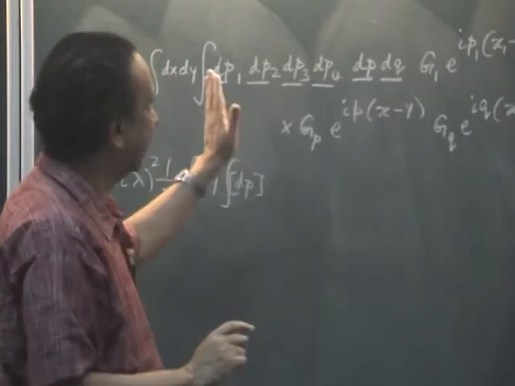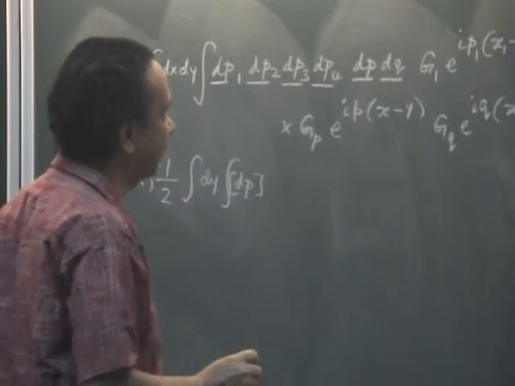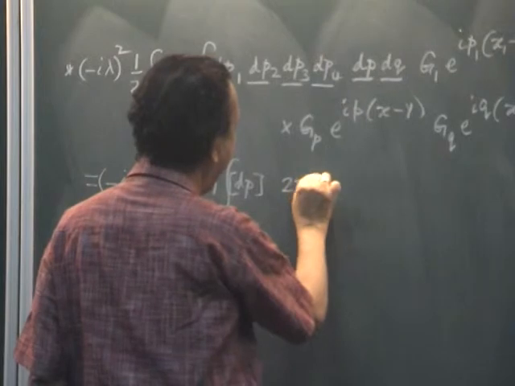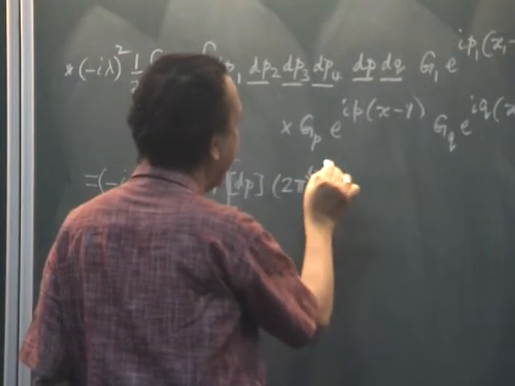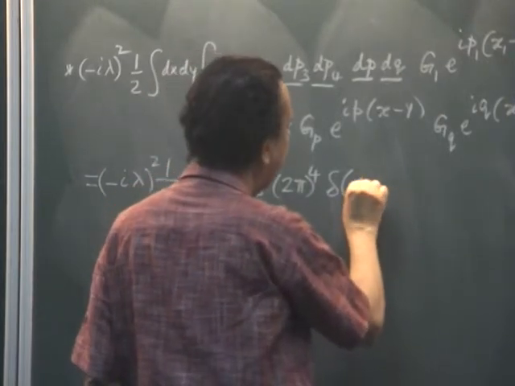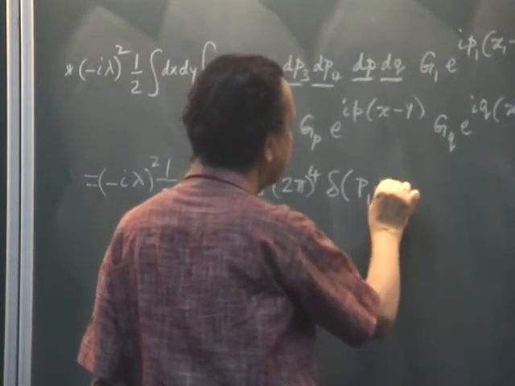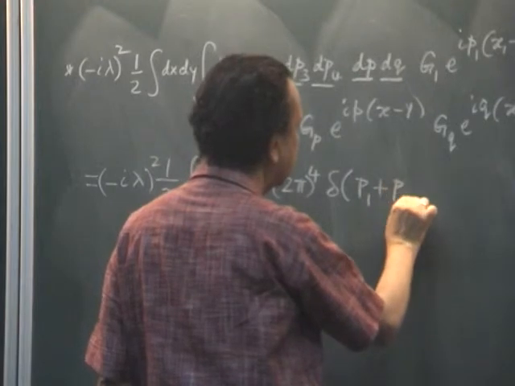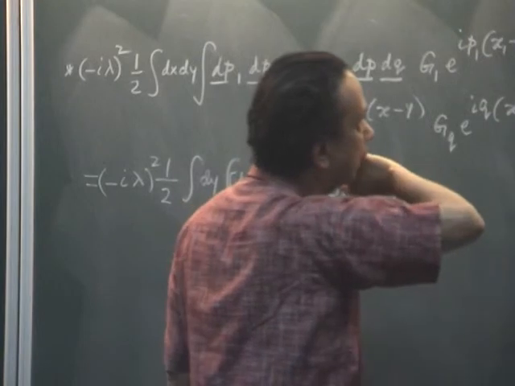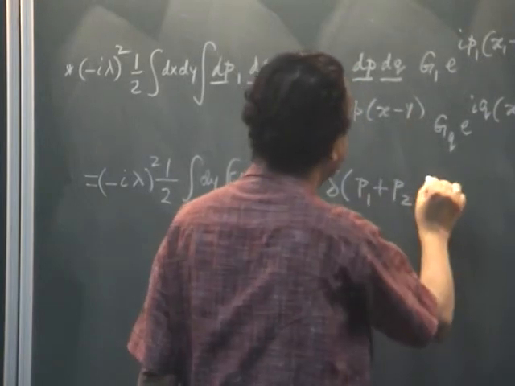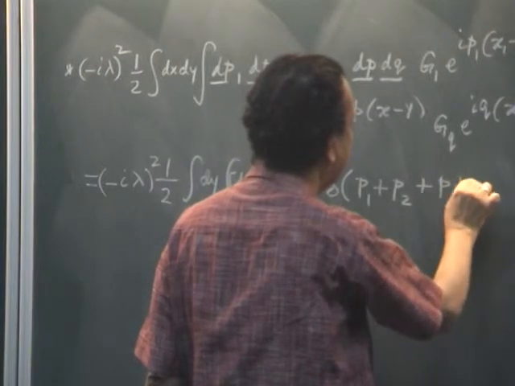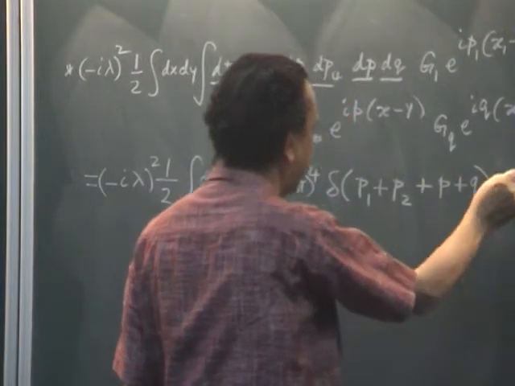Then I'm just going to do the x integration first. So that will give me 2 pi to the power 4 delta function of p1 plus p2, I am doing x, so this is plus p plus q, right?